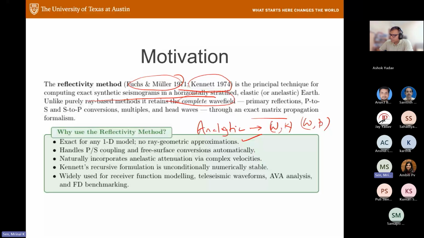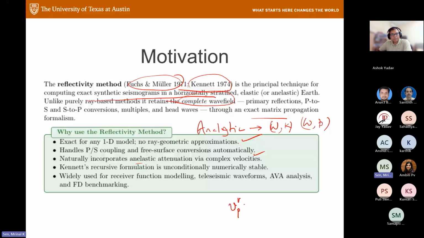It naturally incorporates anelastic attenuation, because when you have anelasticity, you make your velocity, say Vp or Vs, have a real part and an imaginary part.